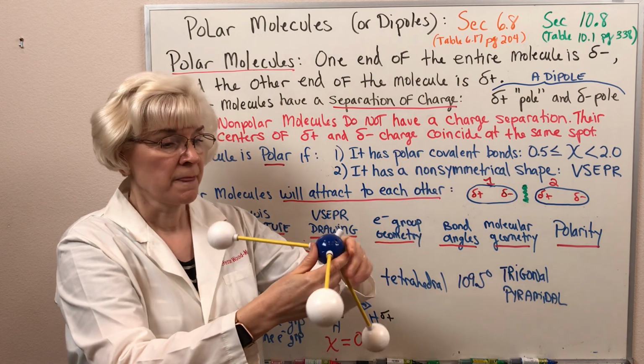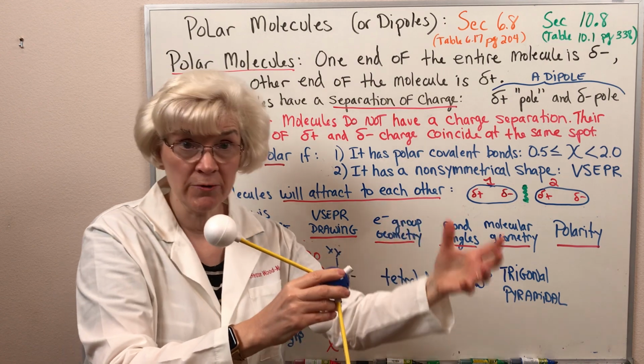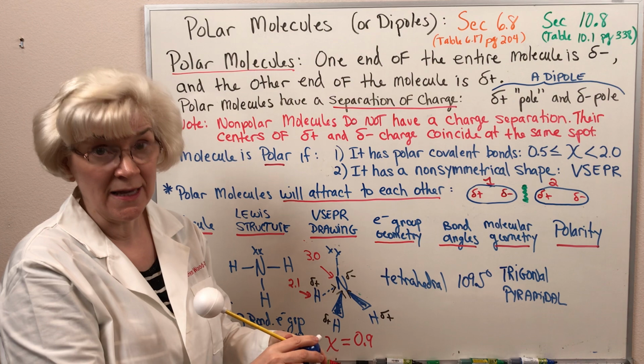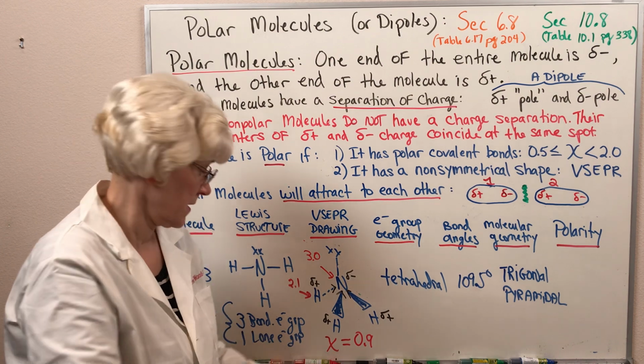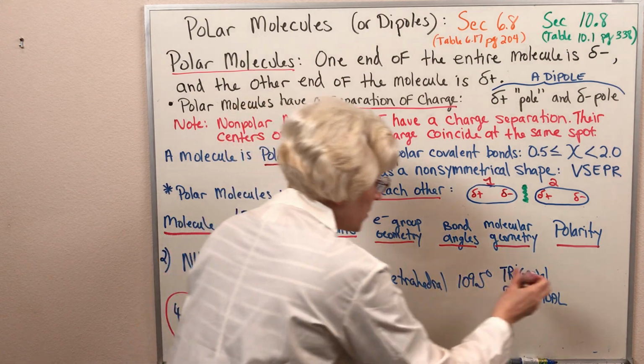So ammonia is very directional in its orientation of how it wants to interact with other molecules because it is a polar molecule. So we can say here that ammonia is polar.